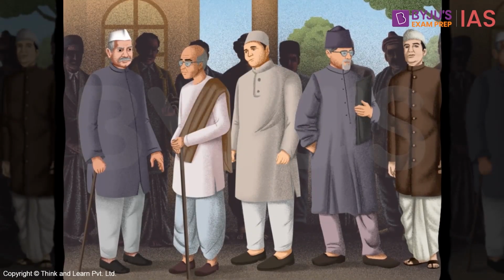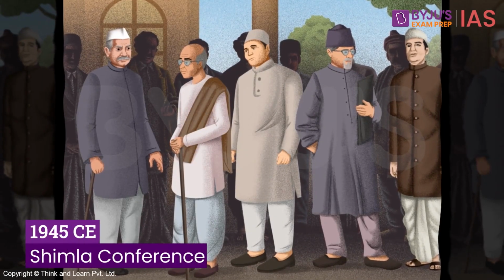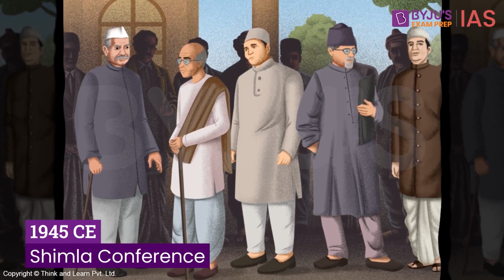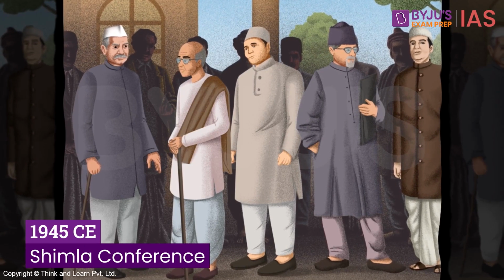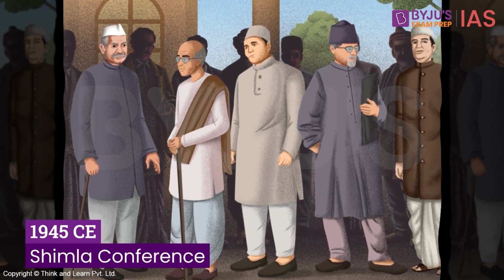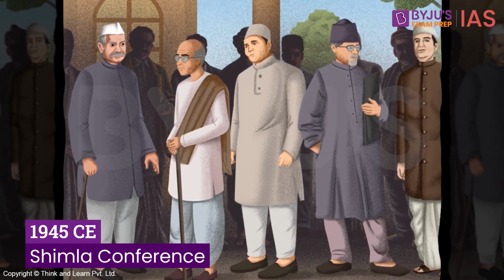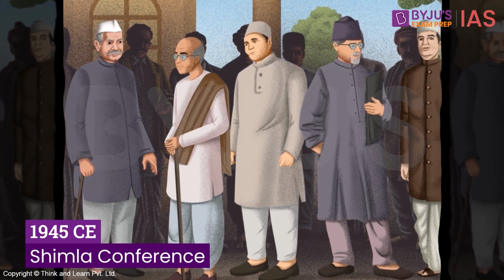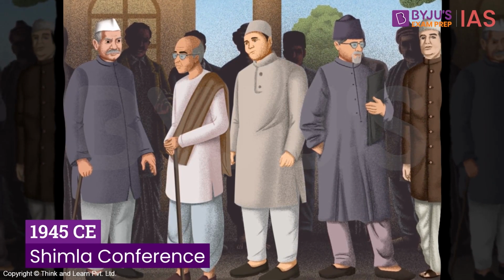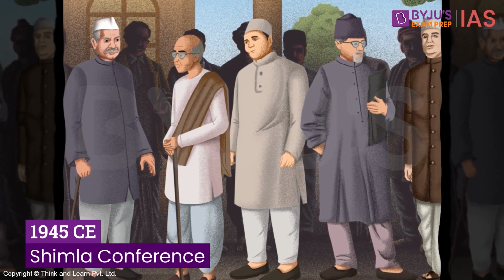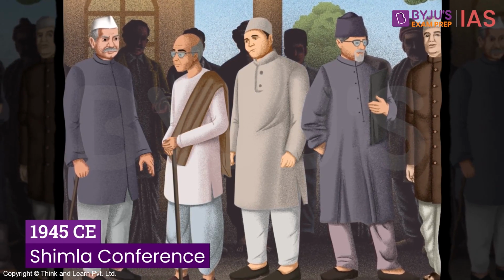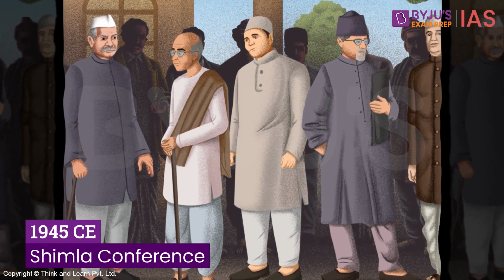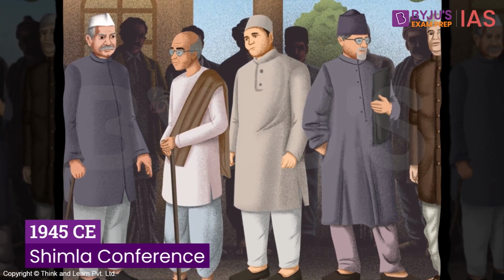This plan was discussed during the conference at Shimla. The League insisted that only League members could be the Muslim representatives in the council and opposed the Congress nominating Muslim members. The Congress discredited the plan, saying it made them look like an elite Hindu party. Since the Congress and the League could not settle their differences, the conference was a failure.